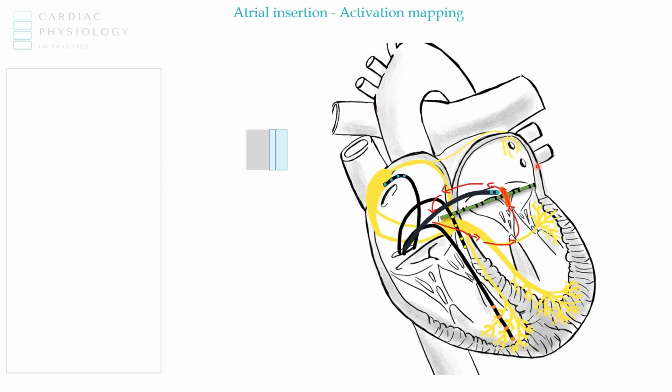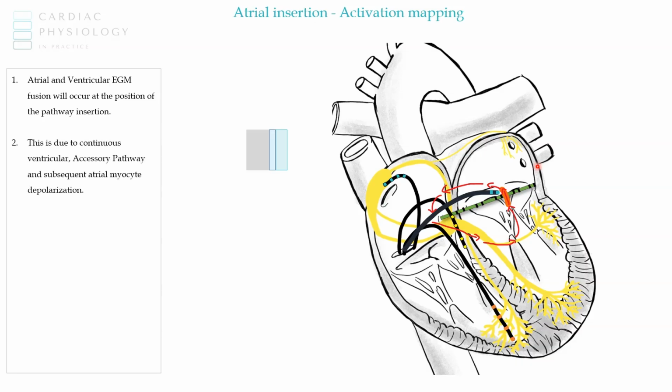The electrograms at the site of accessory pathway insertion into the atrium look fairly unique. You will get both atrial and ventricular EGMs occurring at the position of the pathway insertion, and you'll get VA fusion. So you get a simultaneous ventricular and atrial electrogram because you have continuous depolarization from V and then immediately an atrial depolarization.